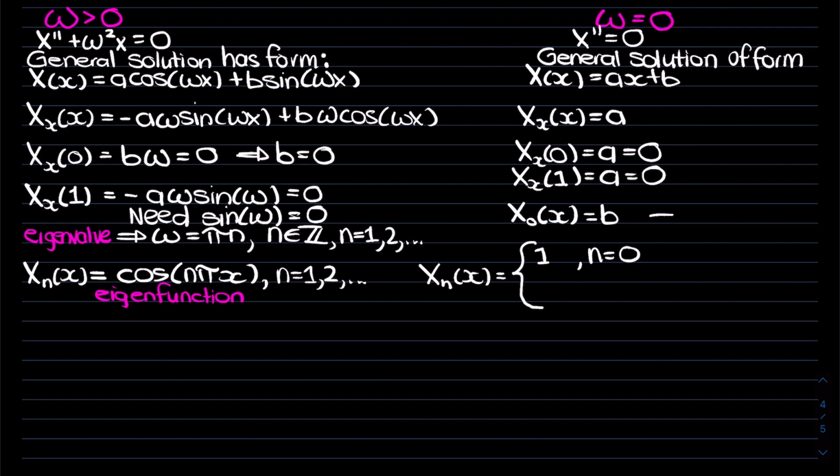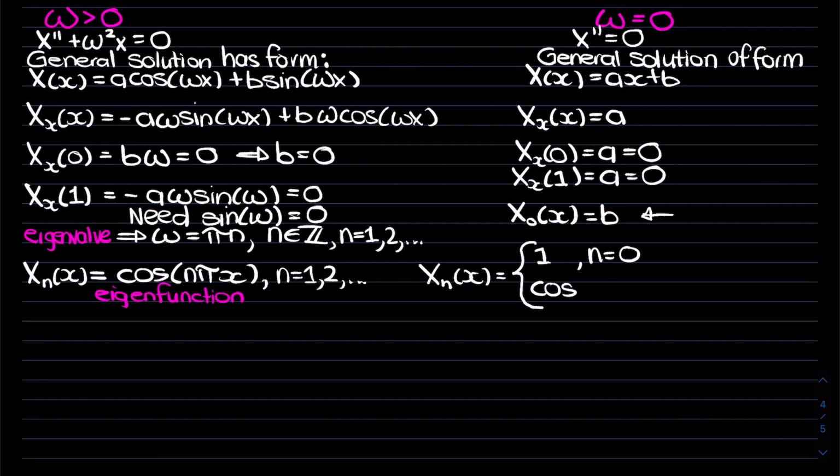So we have b up here, and I've just written 1 because, as I've said, a multiple of an eigenfunction is an eigenfunction. So b is just any constant, so I'm just going to write it as 1, and it can be multiplied by anything. So both are correct. You could also write just b here for some constant b as well.